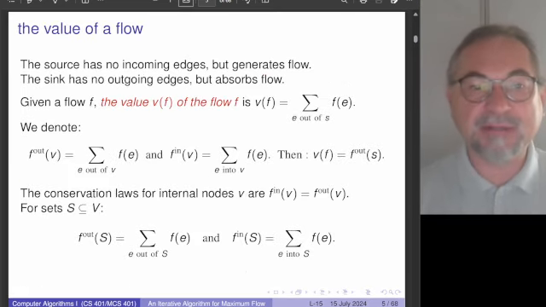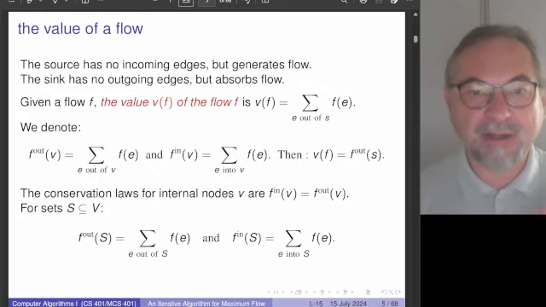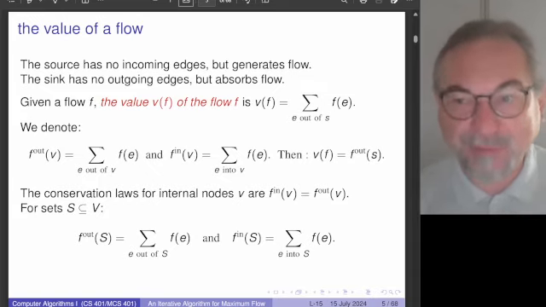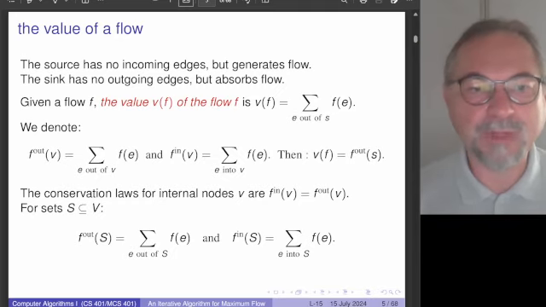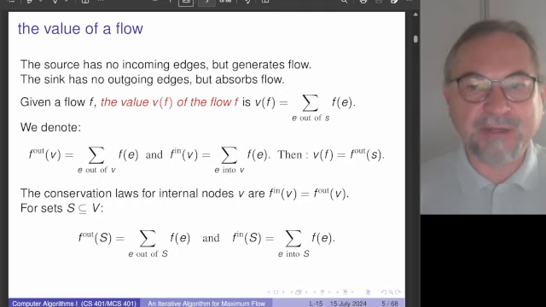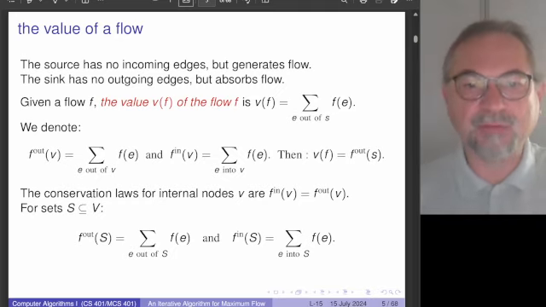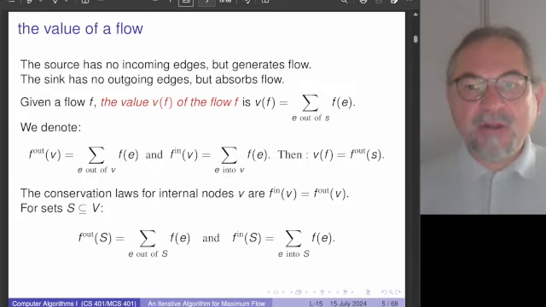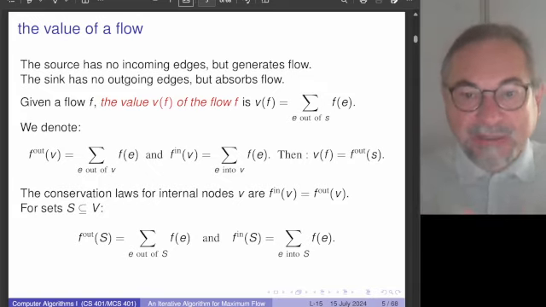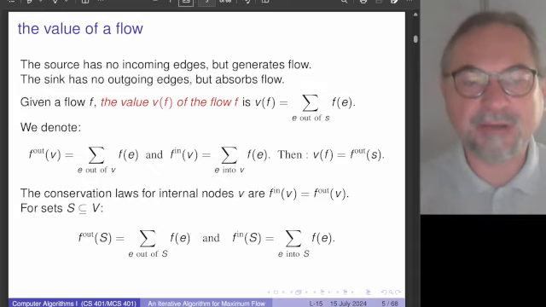Okay, so then we want to optimize always something in this course. What we want to maximize is actually the value of the flow. So on every node, we have the outgoing and the ingoing flow. The edges are directed. We have incoming edges and outgoing edges.